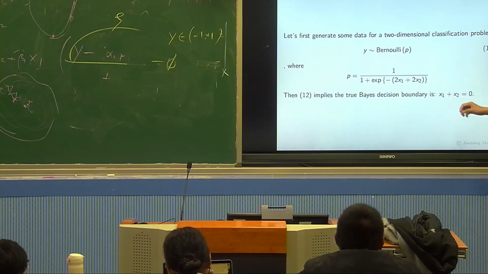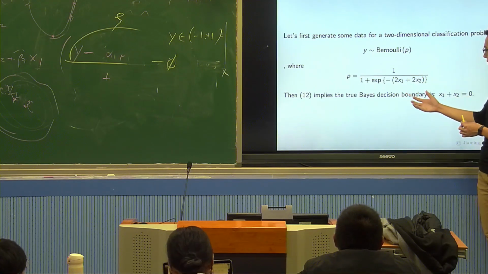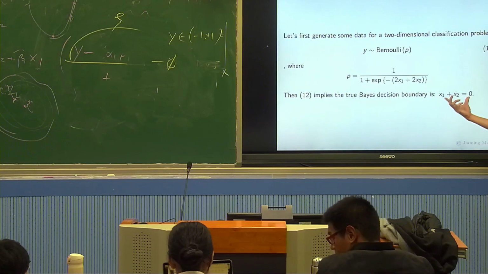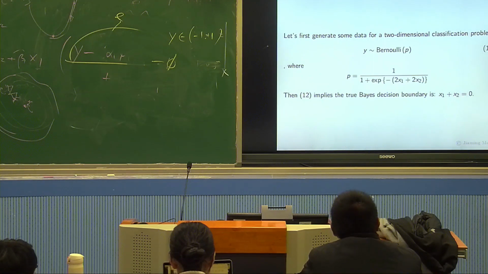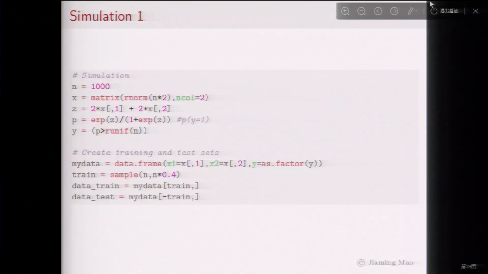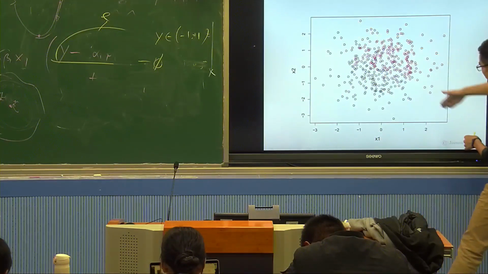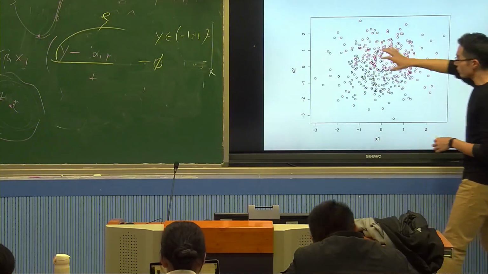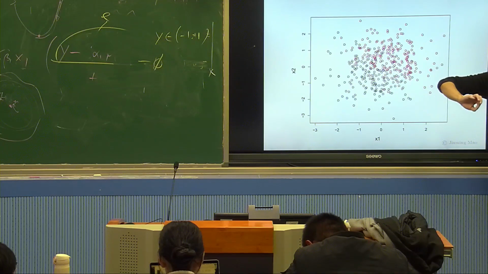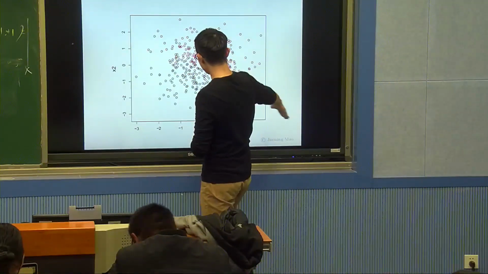But according to this model, the true decision boundary is x1 plus x2 equal to 0. So this is the true decision boundary that separates the two classes. And this is what the data look like, x1, x2, with the true decision boundary here. There's still going to be some overlap because of the probability. But the decision boundary is x1 plus x2 equal to 0.